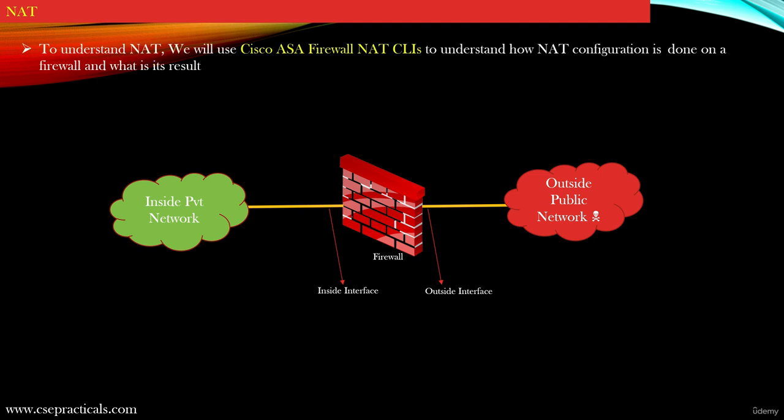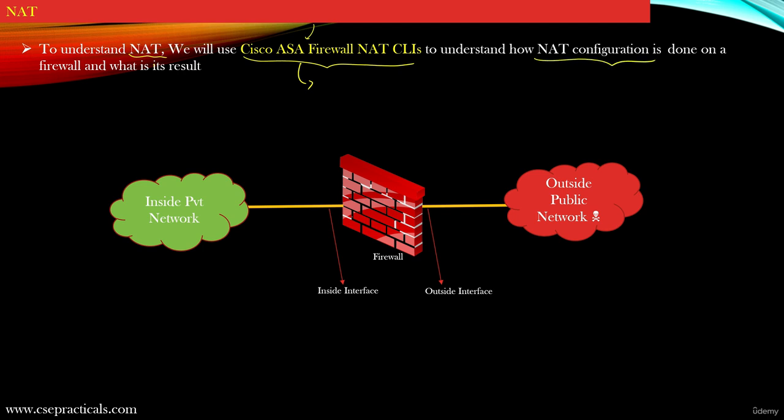So to understand network address translation, we will use the Cisco ASA firewall. If it is the first time you are getting introduced to the ASA firewall, it's a networking device manufactured by Cisco.